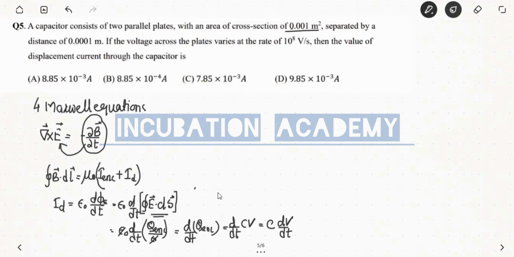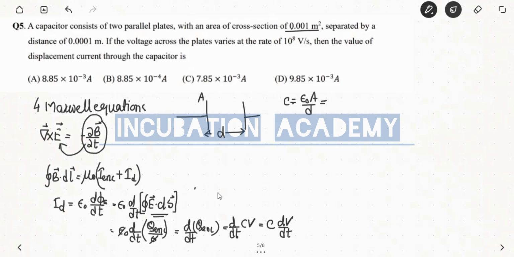two parallel plates are kept, their cross sectional area capital A is given, and the distance between them is given. So what is the expression of the capacitance? The expression of the capacitance is epsilon naught A divided by d.